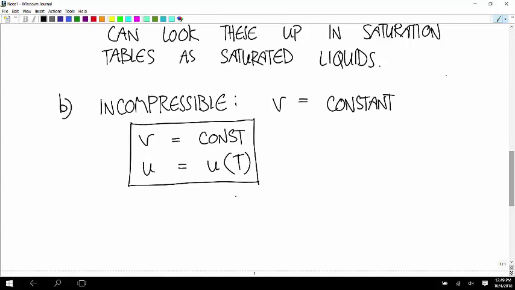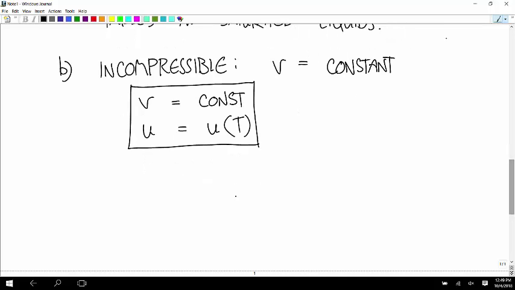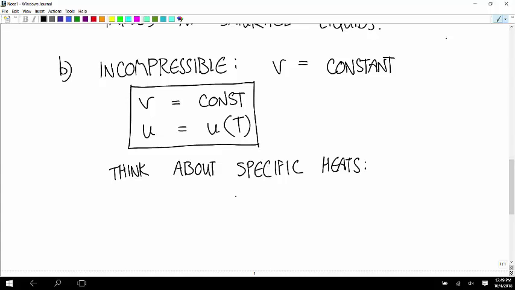The first one is, let's think about the specific heats. We defined those last class. Remember that Cv is defined as, anyone remember this? Partial of something with respect to temperature? U, yep.